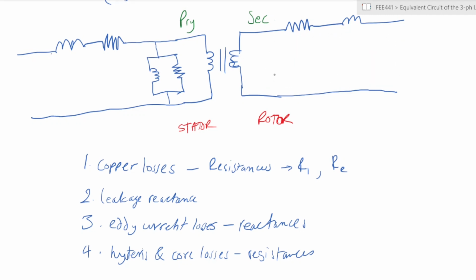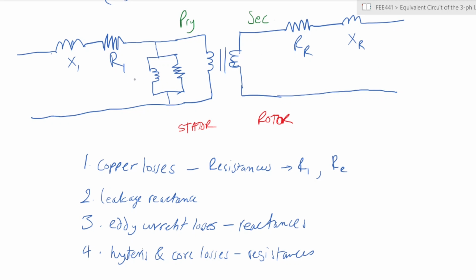So let me label them with their labels. You have R1, which represents copper losses for the stator, and RR, which represents rotor copper losses. Then corresponding to that, you have X1, which represents the stator leakage reactance, and XR, which represents leakage reactance within the rotor, right?